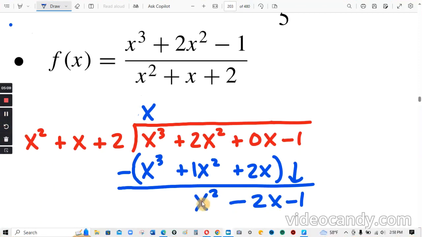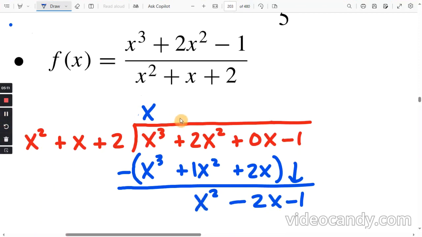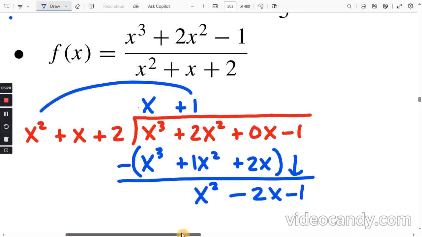Repeating the process, x squared divided by x squared is positive 1. And really, we can probably just stop right there. All right, let's make sure. 1 times x squared is x squared. 1 times x is 1x. And 1 times 2 is positive 2.